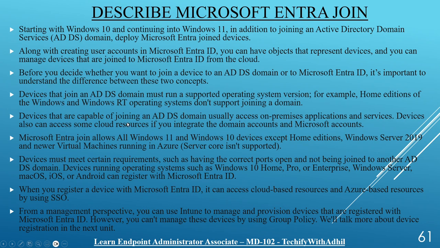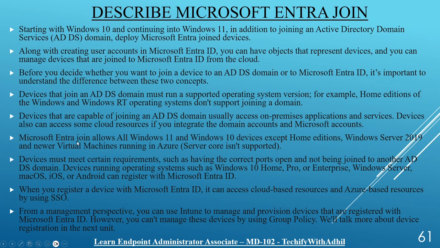One more thing to take note of here: you can see Microsoft Entra join allows all Windows 11 and Windows 10 devices except home editions. The next point says devices running operating systems such as 10 Home, Pro, Enterprise, Windows Server can register. So you must understand the difference.